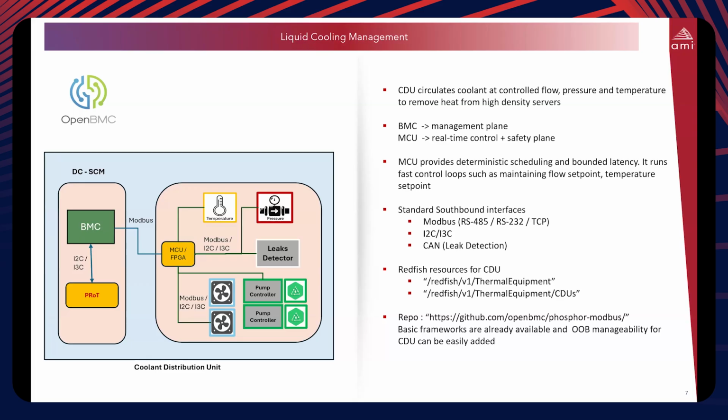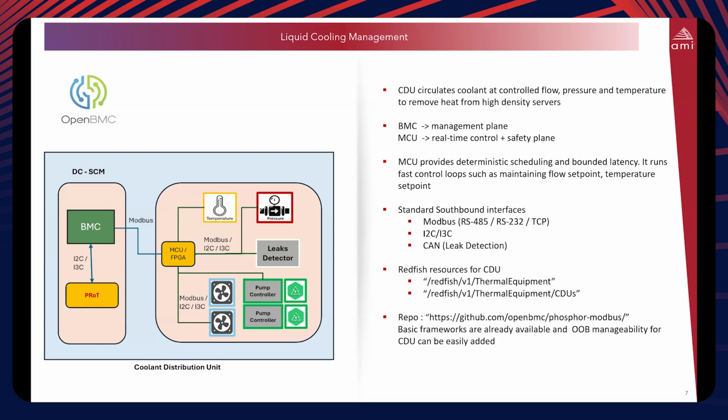So here, the BMC communicates to the MCU via Modbus, and the MCU monitors pressure sensors, temperature sensors, and also detects leaks. The MCU, or FPGA, also helps in pump control as well as valve control, right?